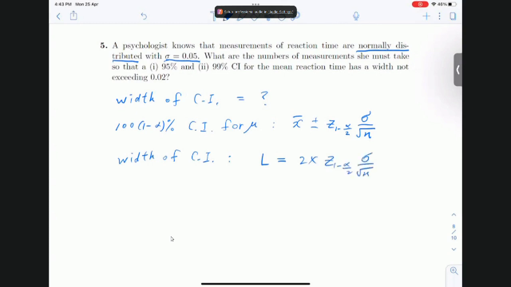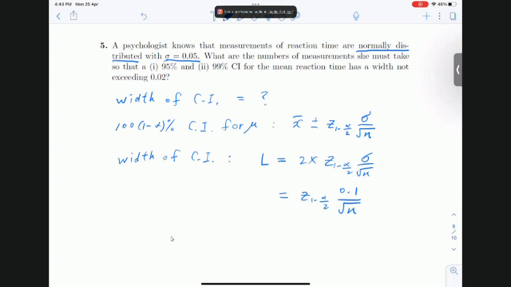Since we are already given the value of sigma, which is 0.05, we can write this as 0.1 divided by square root n, because 2 multiplied by sigma is equal to 0.1.